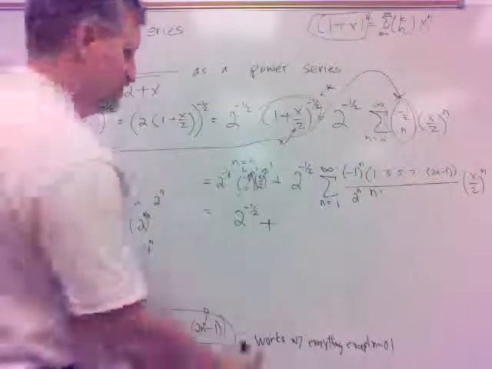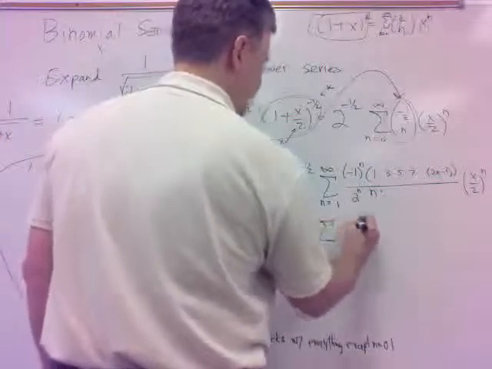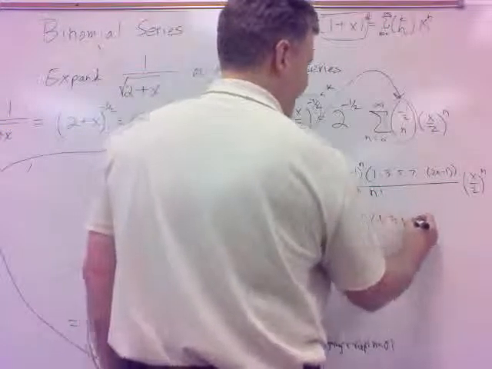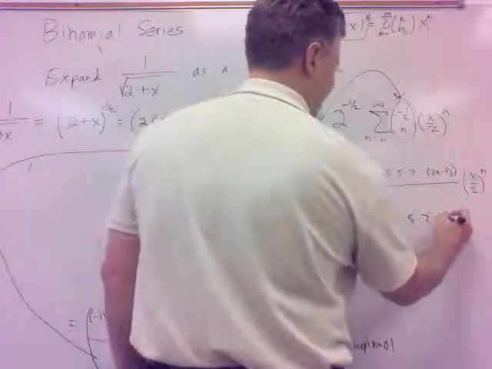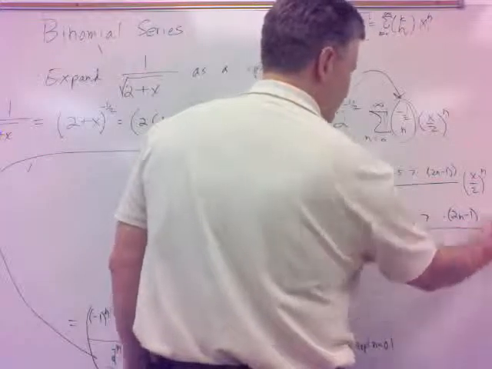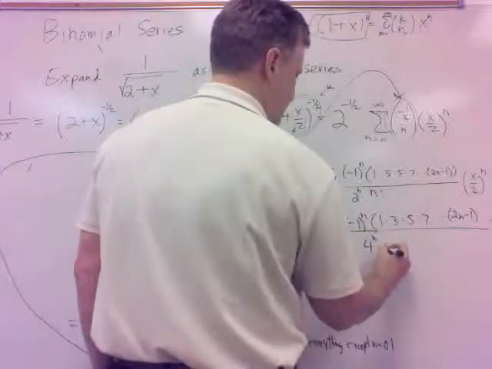Okay, so we got 4 to the n there. That's probably about the only thing I can say we could do here. Make that just x to the n, and then combine the 2 to the n there with 2 to the n there, so we have 4 to the n, and then n factorial.